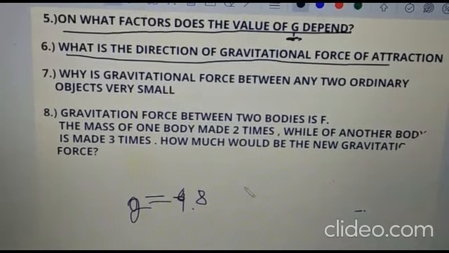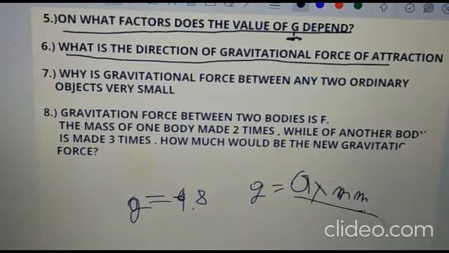Now the formula which I told you: G is equal to big G into the masses of both the objects divided by the square of the distance.